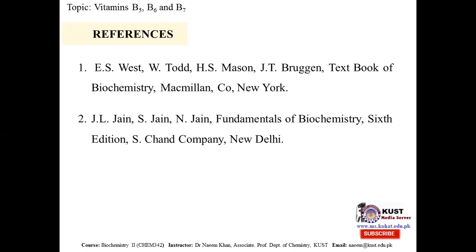We discussed four aspects of these vitamins: the chemistry, their sources, their important functions, and the recommended dietary allowance. Please go to these books, elaborate, have a thorough concept, prepare detailed notes for your understanding, and clear all your confusions.